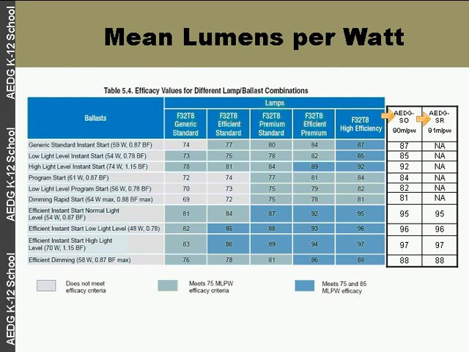And what you really see is that in the small office version, it matches up with the far right-hand column of the 32-watt T8 high-efficiency system, and the lumens per watt that you see in that column, they match up perfectly.